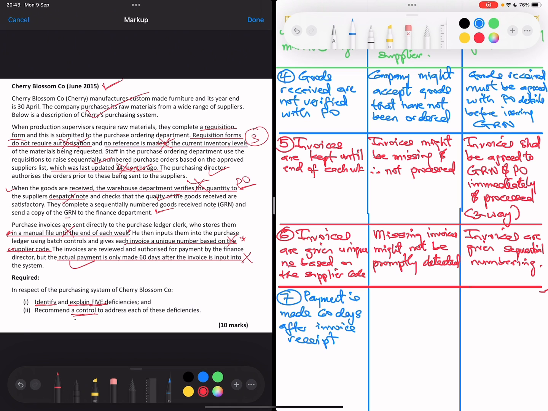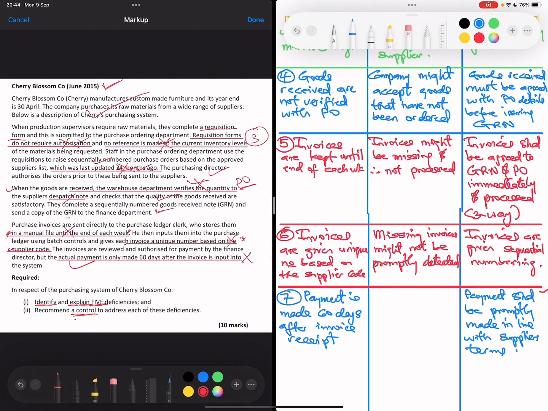So quickly, payments should be promptly made in line with suppliers' terms.